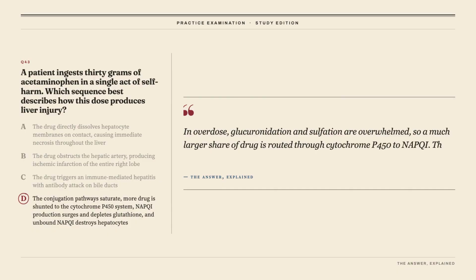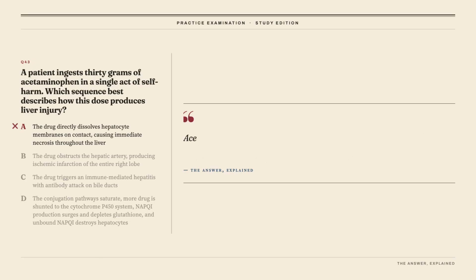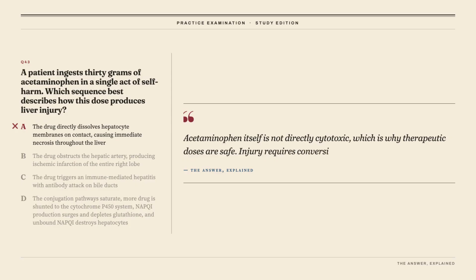Unbound NAPQI then binds cellular proteins and generates oxidative stress, killing hepatocytes in the centrilobular zone 3 region where P450 activity is highest. A is wrong because acetaminophen itself is not directly cytotoxic, which is why therapeutic doses are safe. Injury requires conversion to the reactive metabolite.